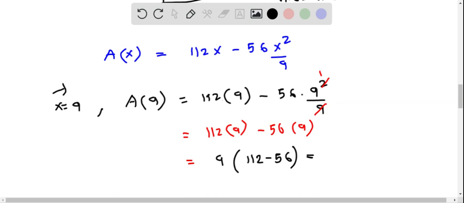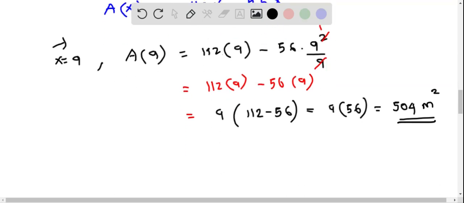So it is 9 times 112 minus 56, which equals 9 times 56. And when we multiply these two numbers, we get 504. And since the area is in unit square, we put the unit as meter square. So this is the maximum area, and we can find the corresponding dimensions of the rectangular field.